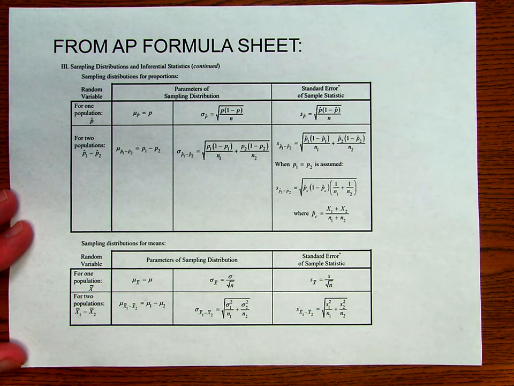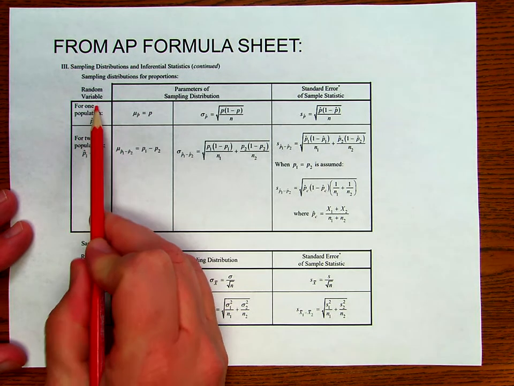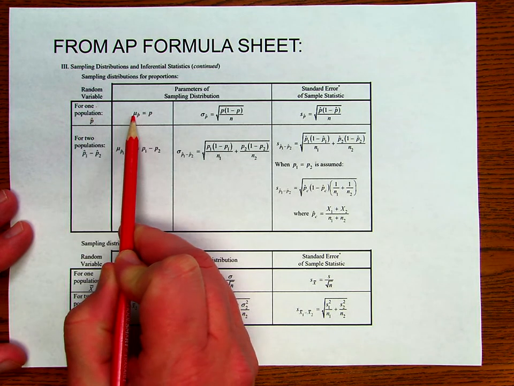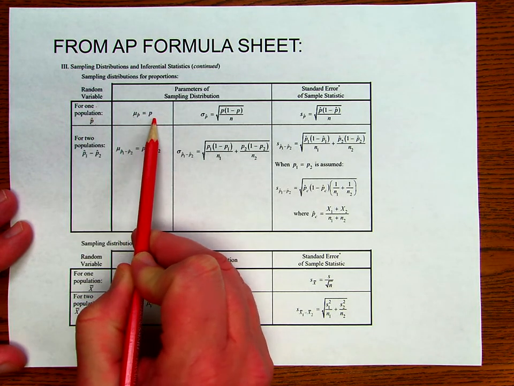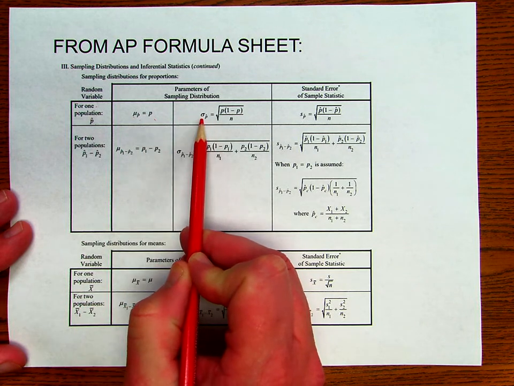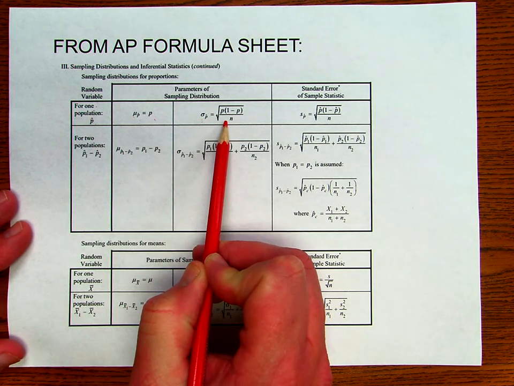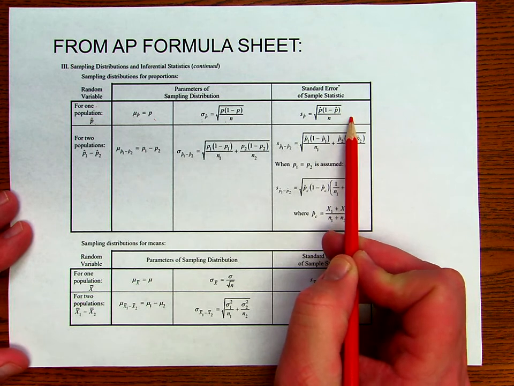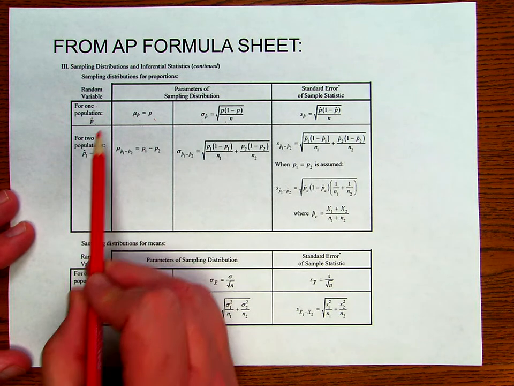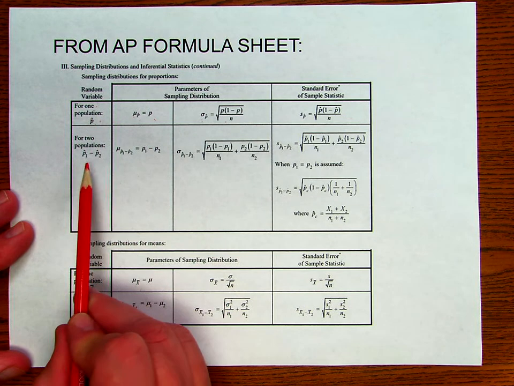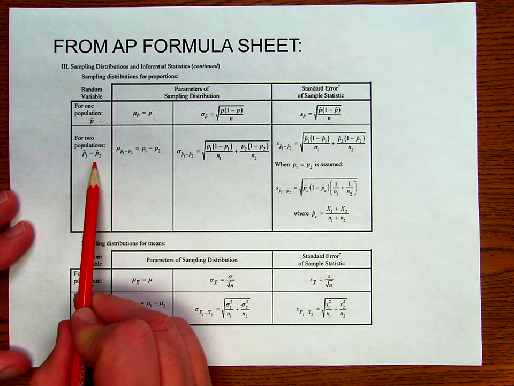So in terms of where this stuff is located, if you're doing a p-hat from one population, the mean of the sampling distribution is equal to the population proportion, and this gives you the standard deviation of that. This is something we're going to get to a little bit later in the course. We're also going to be doing the same, or an extremely similar, problem with two populations instead of one.